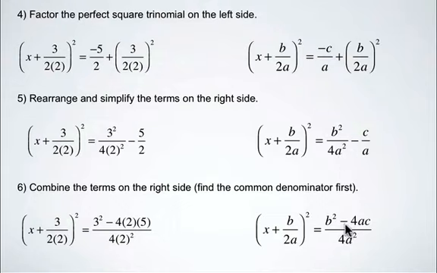So what we have now, since there is 4a squared here and only 1a, we need to multiply this c and this a by 4a. So we get minus 4ac. So b squared minus 4ac divided by 4a squared.